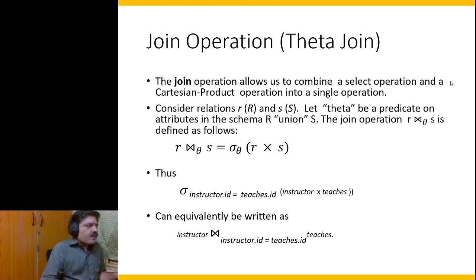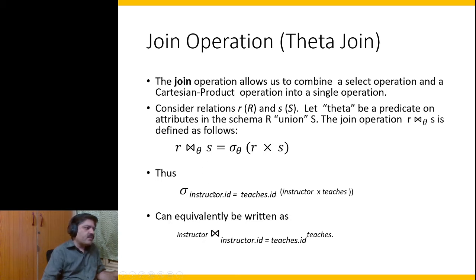We also have, so the join that we saw just now is called the theta join, where we join two relations R and S with the predicate theta. This is shorthand to write this. It's another way of saying take the cross product R cross S and apply a theta predicate to it.